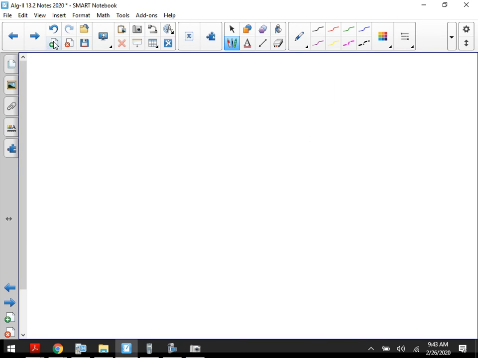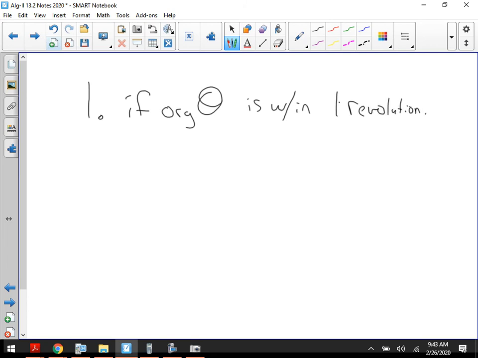Let me put this on clean. 1, if your original angle is within 1 revolution, meaning 0 to 360 or 0 to negative 360, positive or negative, all you have to do is add 360 and subtract 360 to get the other coterminals.